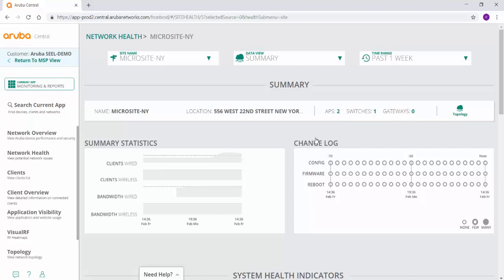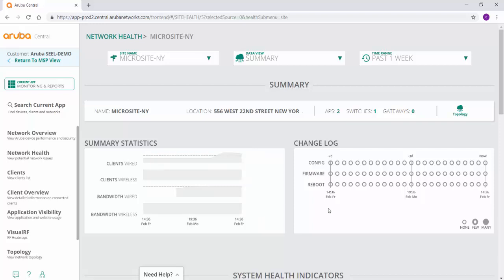What we're seeing here is the overall health of the New York office. I now understand that there are 2 access points and 1 switch that make up the infrastructure at this site. I can see the number of clients that are connected and how they're actually connected to the network and the bandwidth that's being consumed.